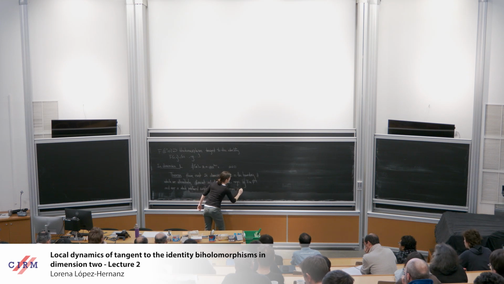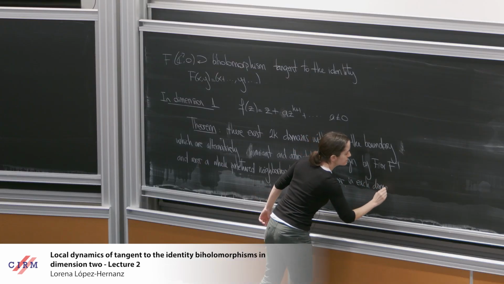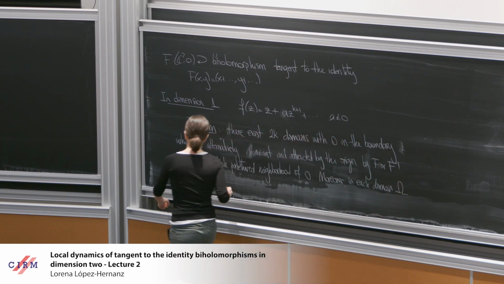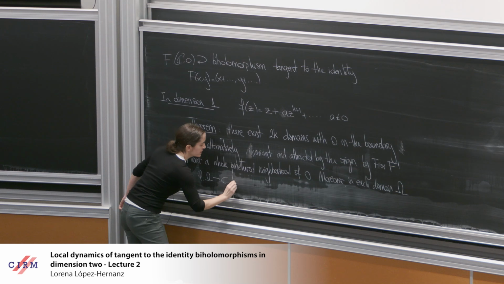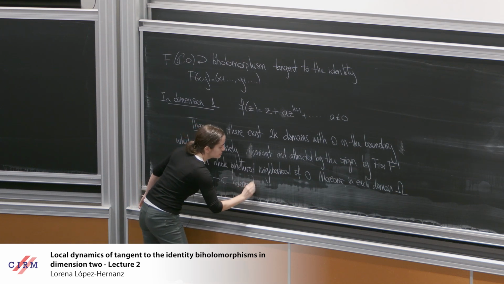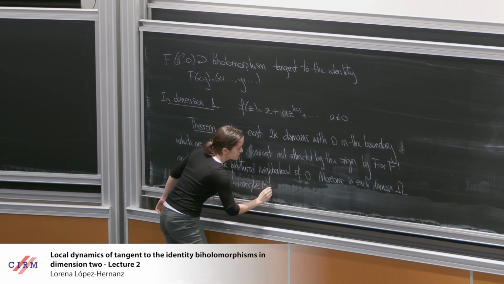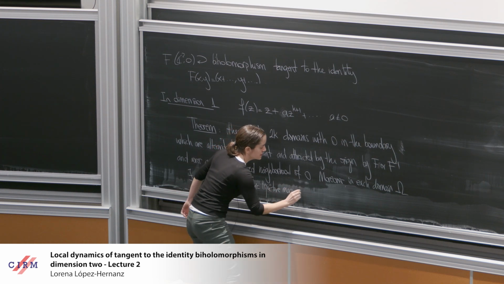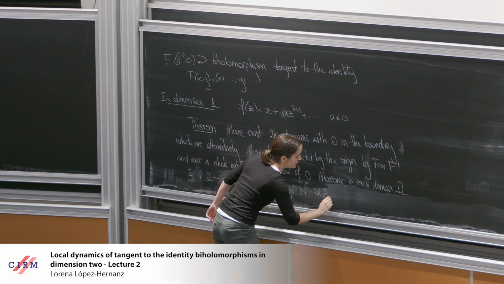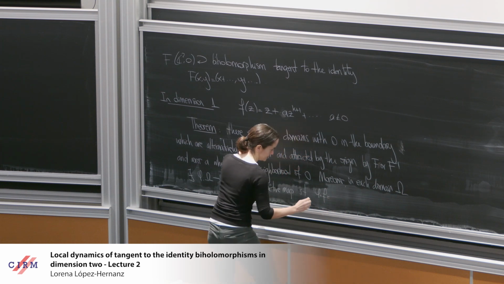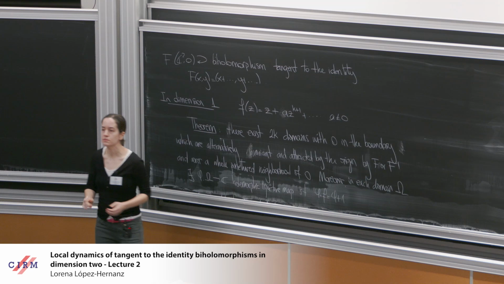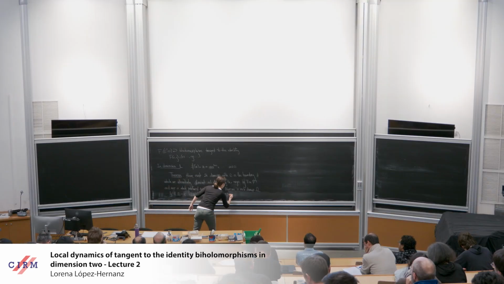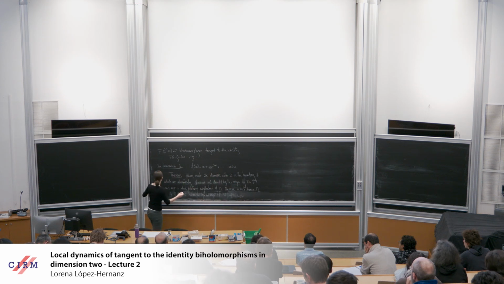Moreover, in each domain omega, there exists a holomorphic injective map phi such that phi of f equals phi plus 1, or phi minus 1. That is, phi(f(z)) = phi(z) + 1. Okay, this is the Leau-Fatou flower theorem.